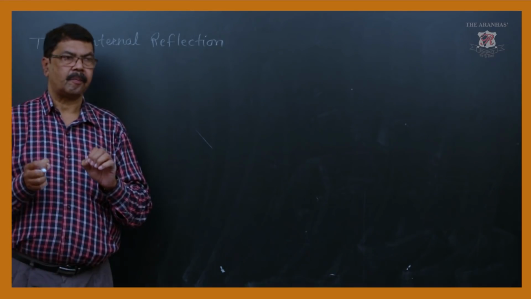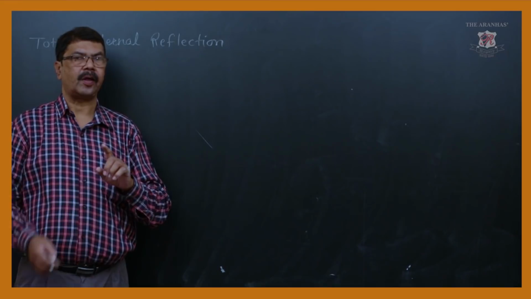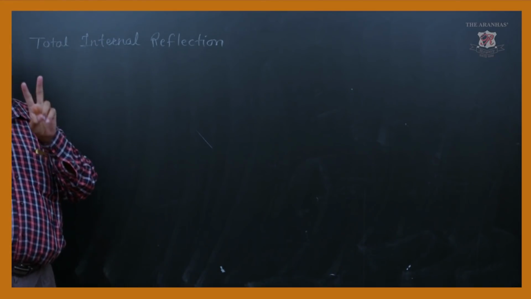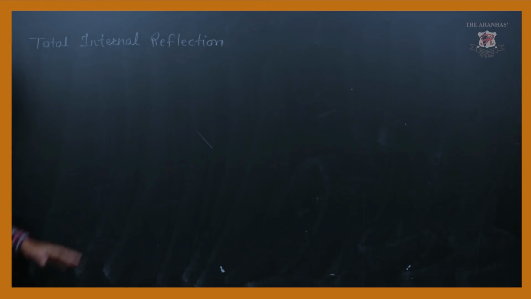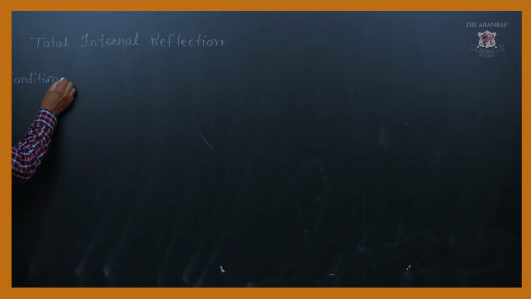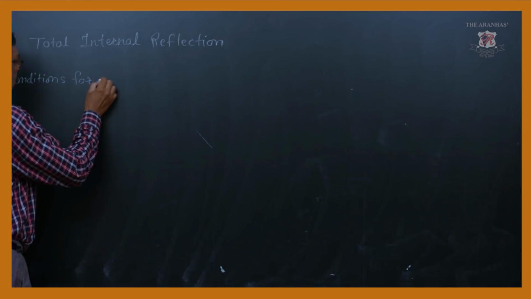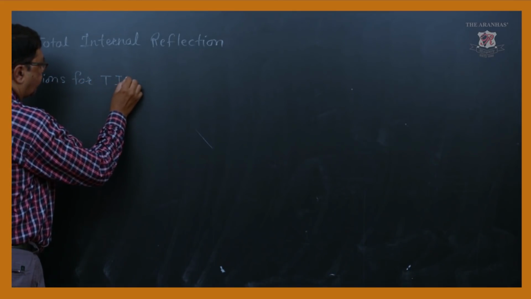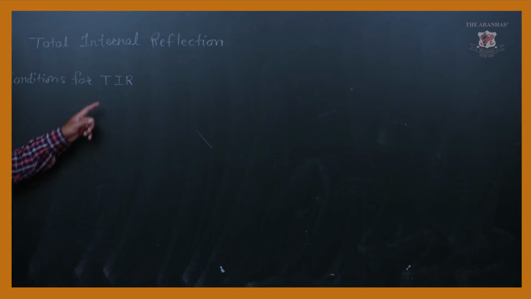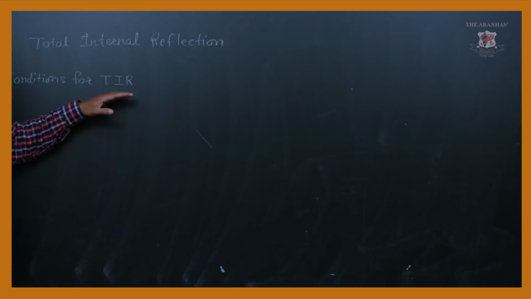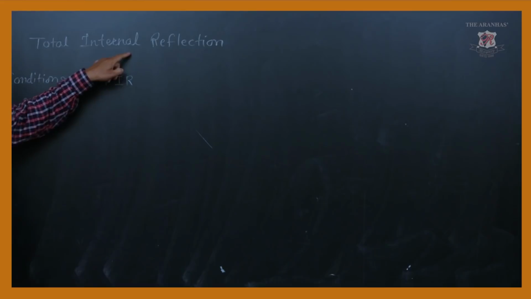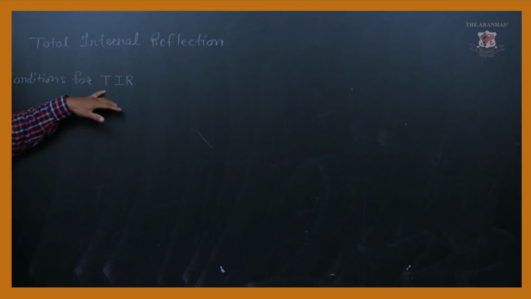Always remember, total internal reflection occurs under two conditions only. I will write here in short conditions for total internal reflection. Remember this word TIR stands for total internal reflection. So we are going to deal with that.